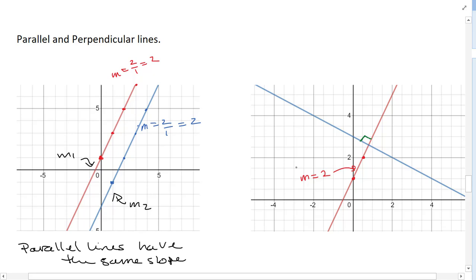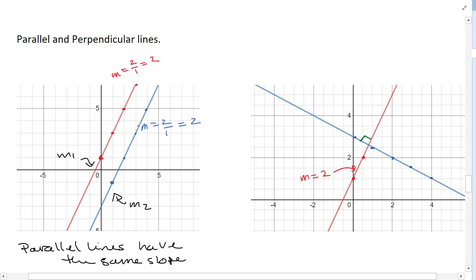The blue line is different though. So let's find a crosshair. So let's do this one. And what does this look like? It looks like it's up 1 and to the other side 2, so to the left 2. So up 1 and to the left 2. Or you can think of it as down 1 and to the right 2.